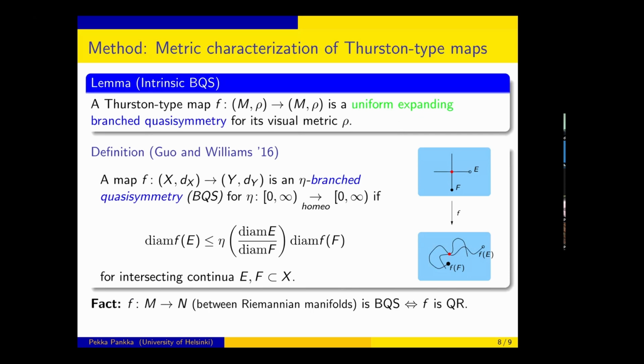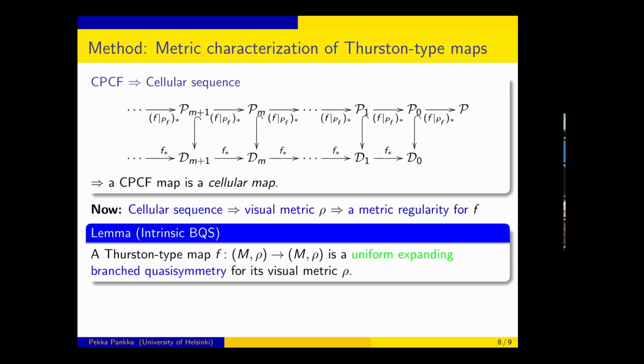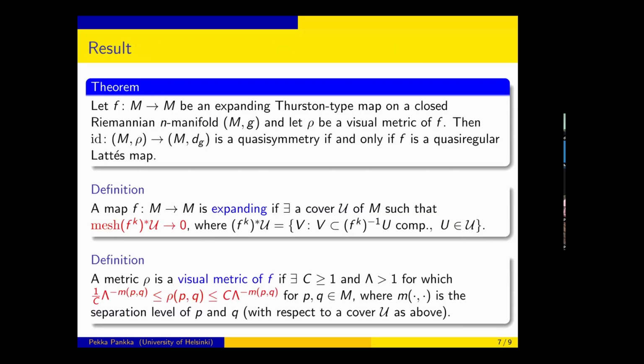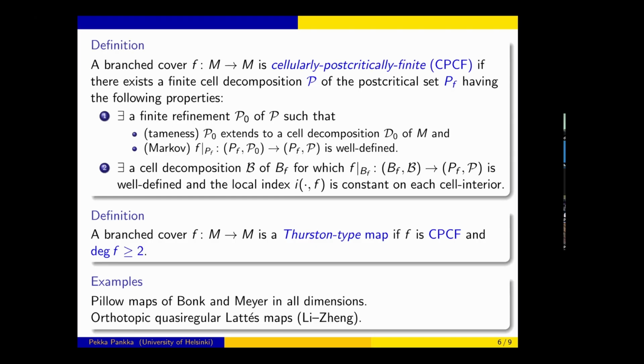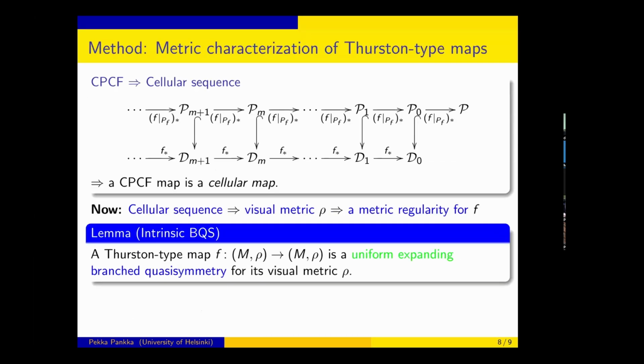I think this is the starting point. When we have a Thurston map, or this Thurston-type map, with this type of description, you have only these topological conditions and some topological regularity conditions. The key of all of that is to obtain the cellular sequence for the map.